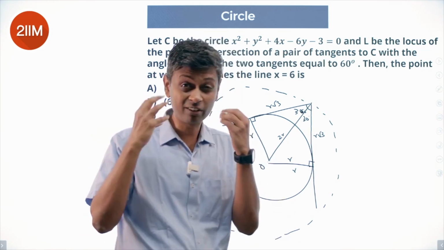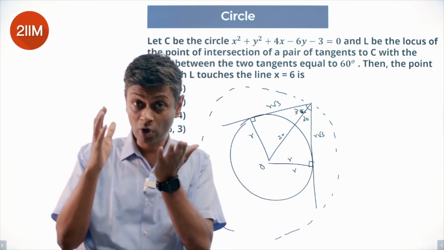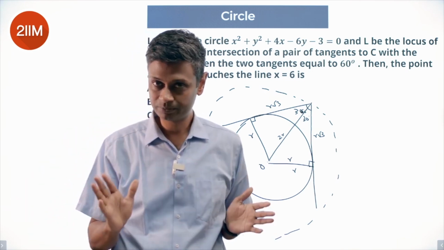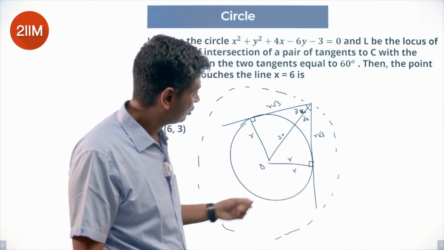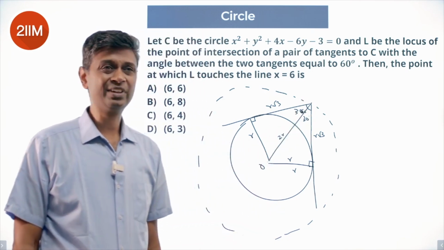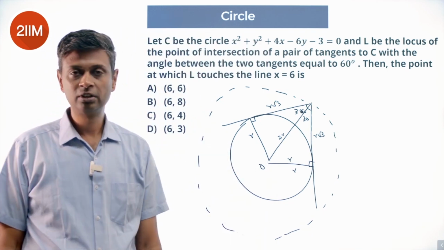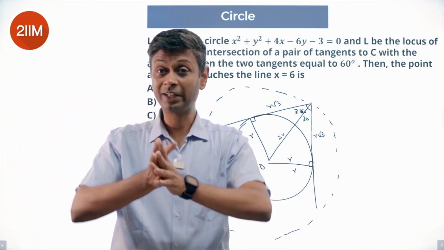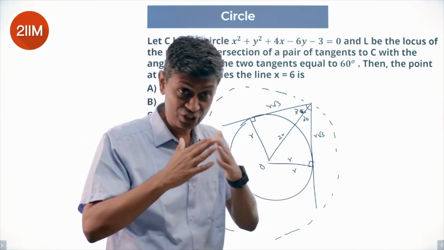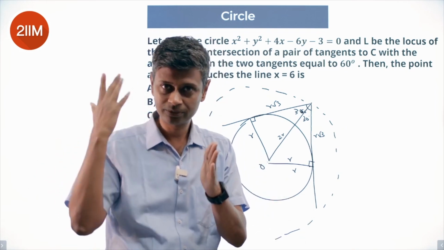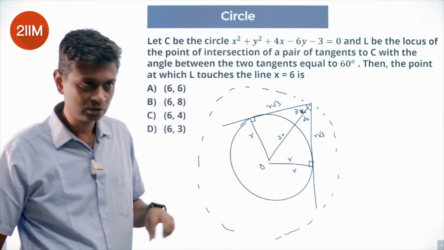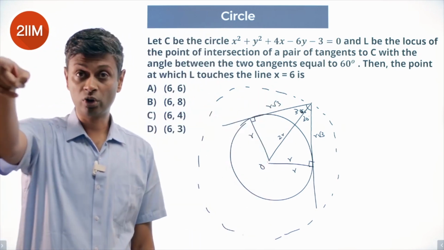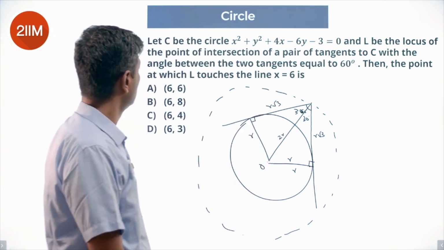If you can sense that any point on a bigger circle will satisfy this, life is super easy. This is R, this is 2R. So whatever the radius of this circle is, the radius of the circle where the two tangents make 60 degrees will be twice of this with the same center. So this concentric circle is twice the radius. That is the locus. That's what we are looking for.